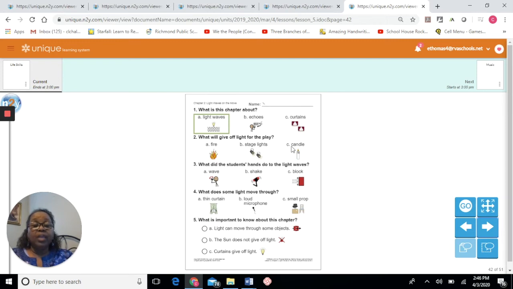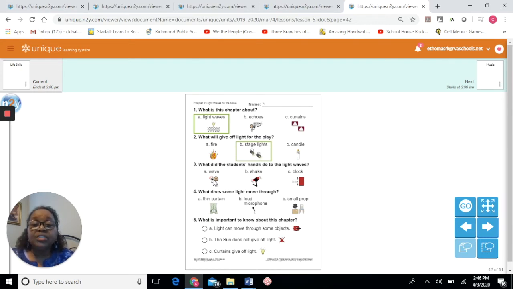Stage lights or candle? Well, in the book, I remember stage lights was very, very important. Let's try stage lights. What will give off light for the play? Stage lights. Excellent.